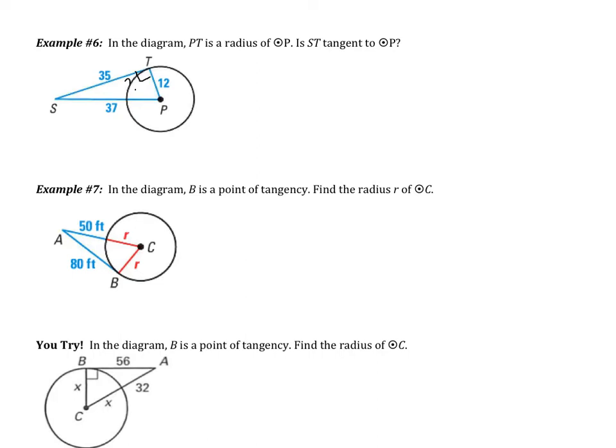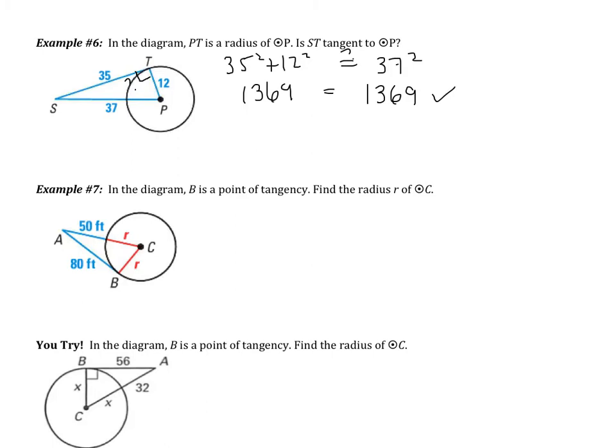Well, I need to think. I formed a right triangle, possibly, or I really need to determine if it's a right triangle. How can I do that? Well, I can use the Pythagorean theorem. So I need to know, is 35 squared plus 12 squared going to be equal to 37 squared? Okay, so on the left side, I get 1,369. On the right side, I get 1,369.